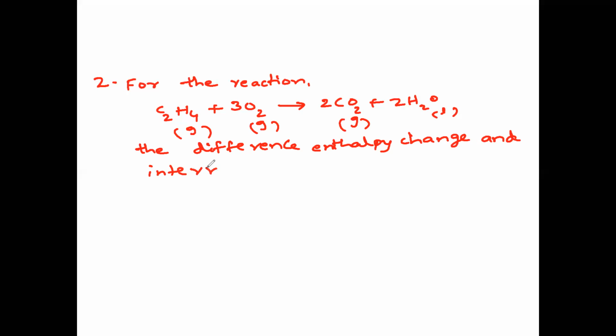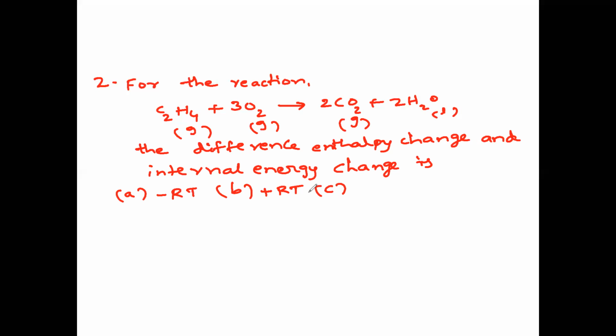They ask the same question in a different pattern. The difference between enthalpy change and internal energy change is: option 1, minus RT; option 2, plus RT; option C, this is a previous NEET question, minus 2RT. For NEET we need not calculate. For JEE they give calculation patterns. Option D, plus 2RT.